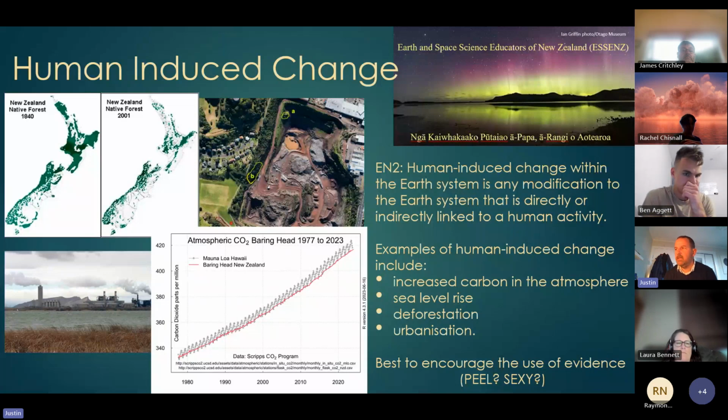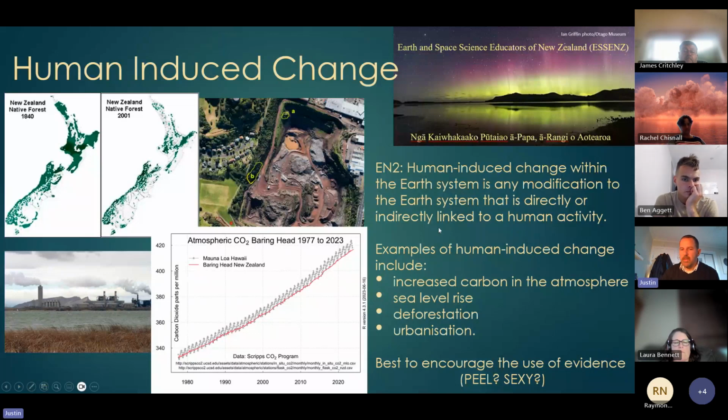So if a student puts that in there and says, look, here's how the forest has changed, then that provides them some evidence, even with references is great, of what the change is and how New Zealand has changed. I mean, graphs and tables are always great in science, and you can see that the Baring Head CO2 changed from 1977 to 2023. Those are descriptions of the human-induced change, but obviously they need to use the science ideas in there as well.